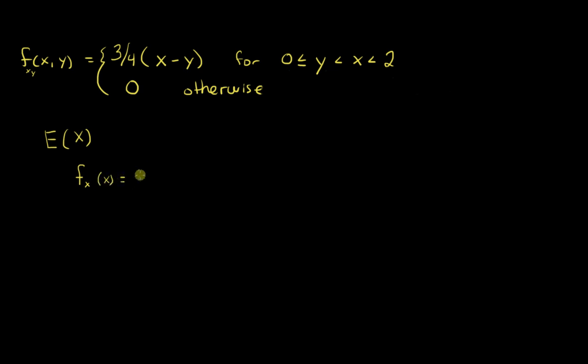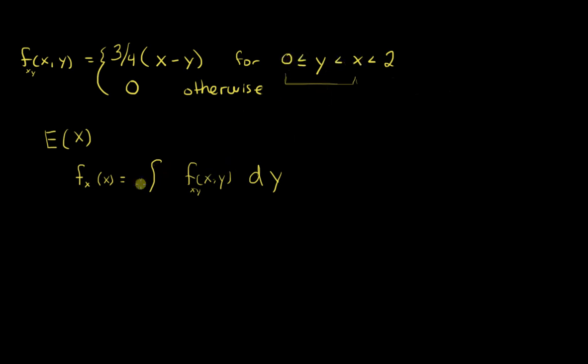To find the marginal distribution of X, we basically want to project what we see here down to X. So we integrate over Y, and that does the projection onto X. We integrate f of x, y, dy. Where is this not 0?